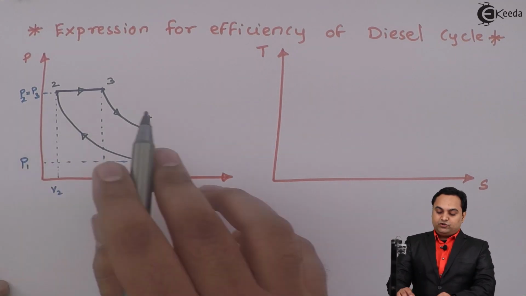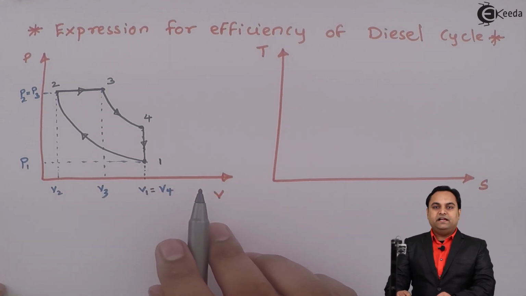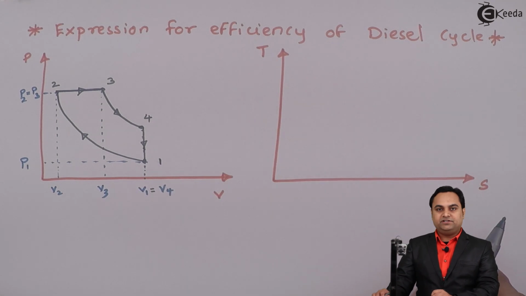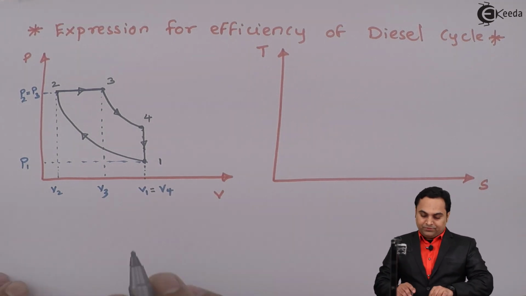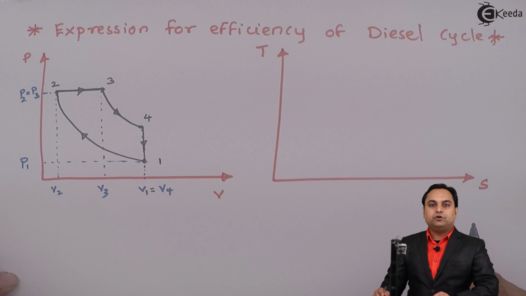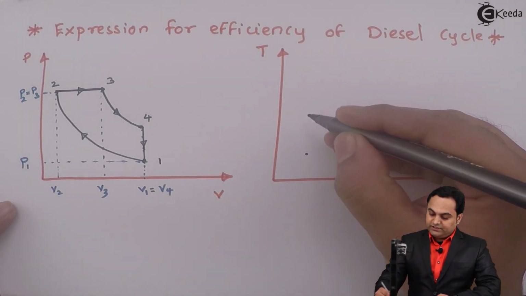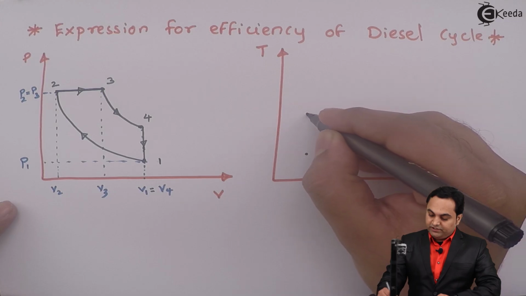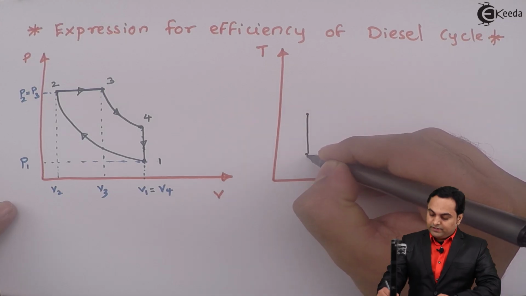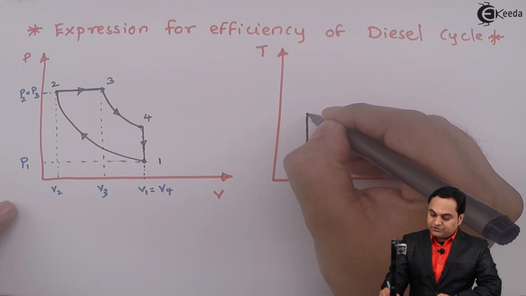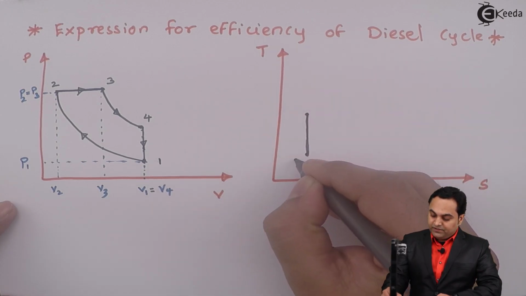Next, as we have shown all the processes on PV diagram, next I'll show all the processes on temperature entropy, that is TS diagram. So here process 1 to 2 is isentropic compression. So isentropic compression will be shown on TS diagram with a vertical line. It will be of increasing nature, means that during compression process the temperature will go on increasing.